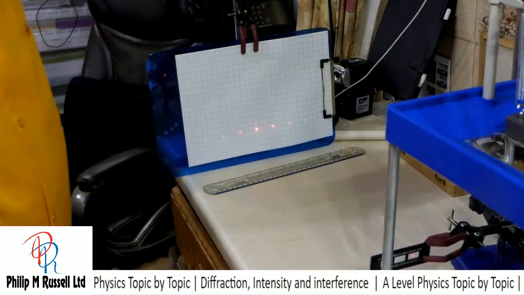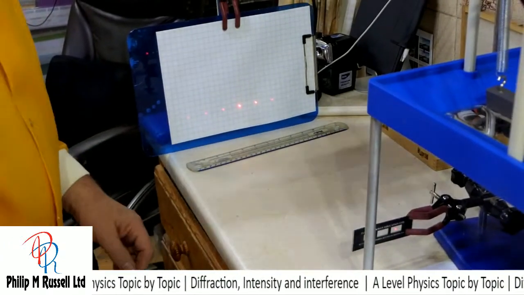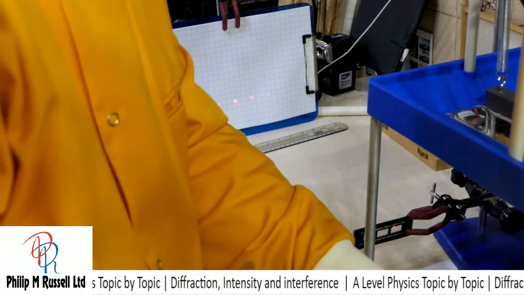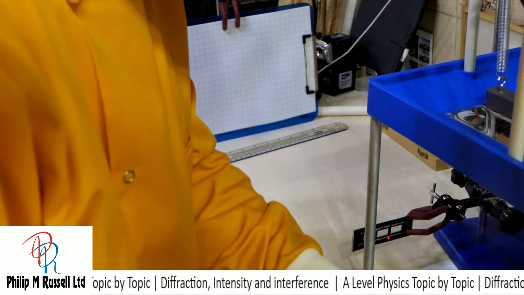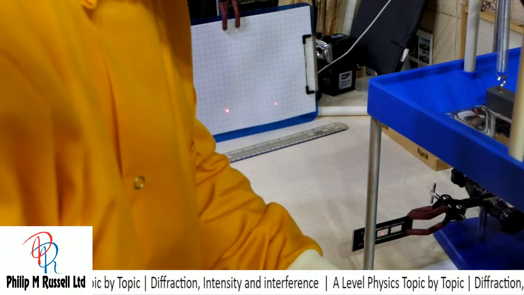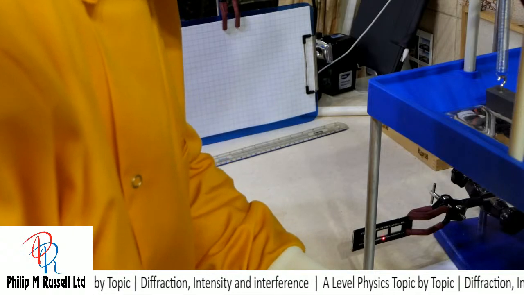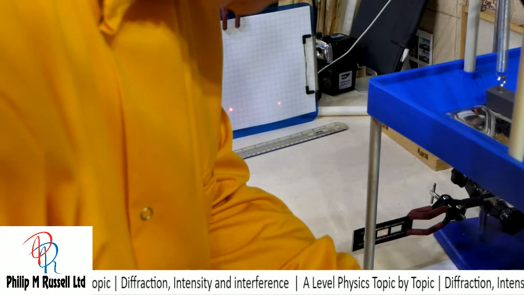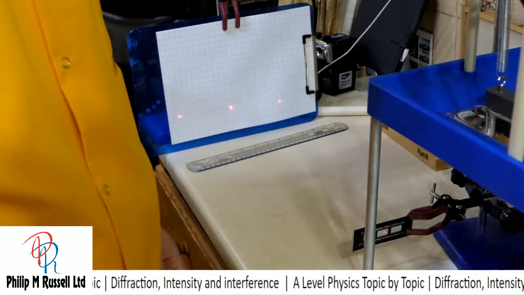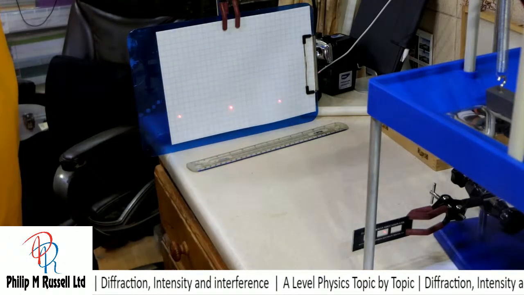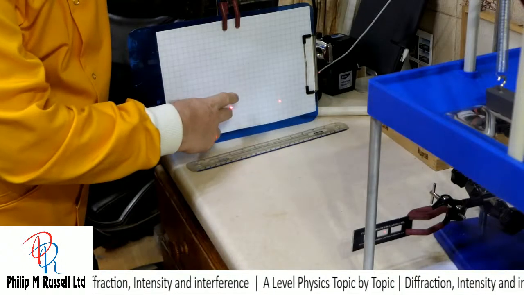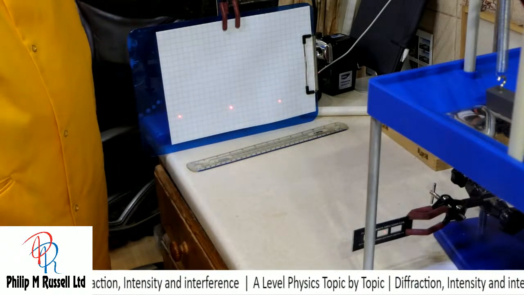This is 100 lines. Now, what's going to happen if we put it through one with, this time, 300? And what we're seeing now is this distance has increased considerably.